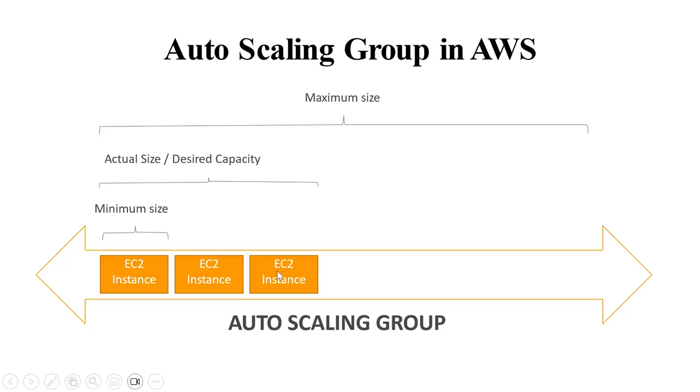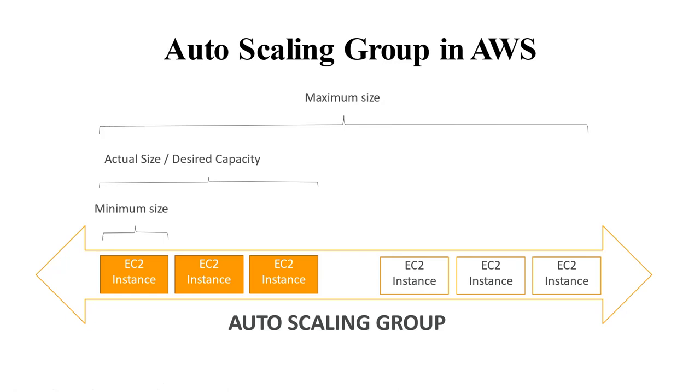If the CPU on all these instances reaches 70%, and in a particular consistent time, suppose 5 minutes, the same load is continuing, that means the load is increasing. Then what do we need to do? We need to add additional instances. But how many maximum are required? You need to define the maximum size.